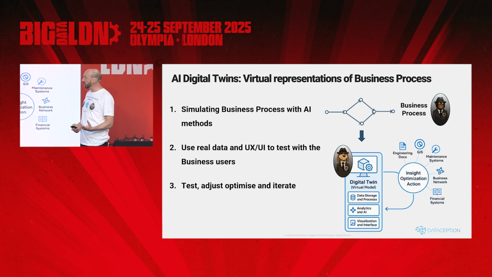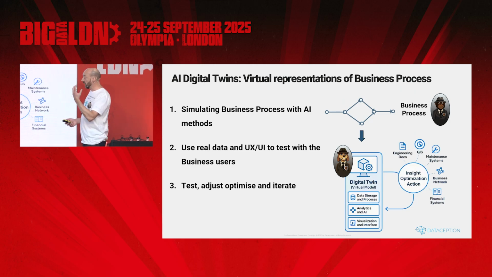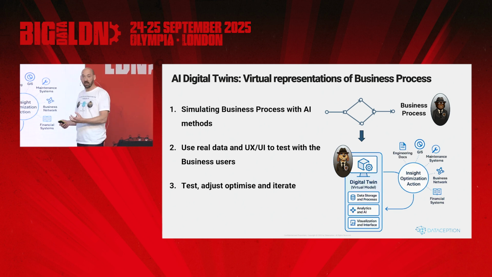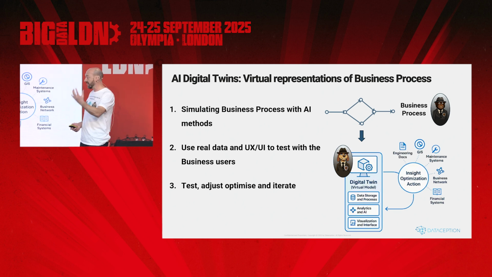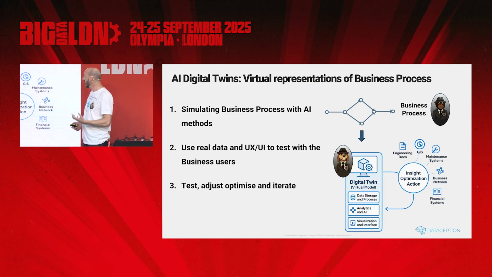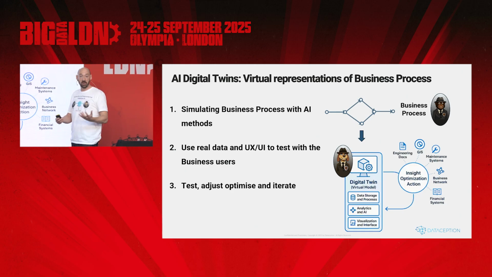But what we do is basically use AI to generate the first business process. It's represented as a data object graph, and we then build this digital twin of that process, connect the data, put user experience on top of it, and then test it with business users, and then we iterate around. So again, we're trying to apply that classic manufacturing digital twin methodology to general business processes.